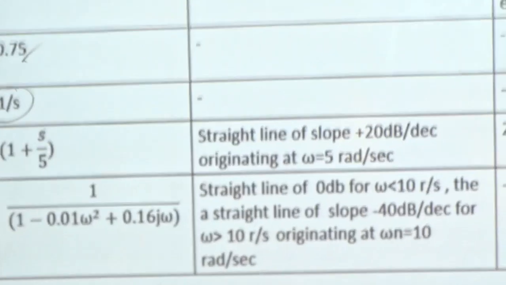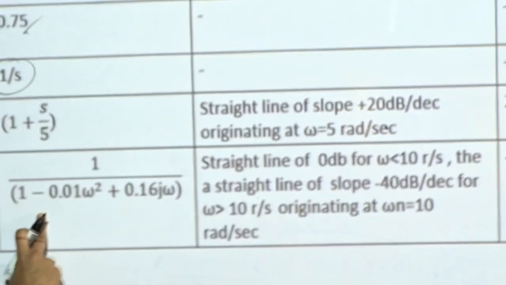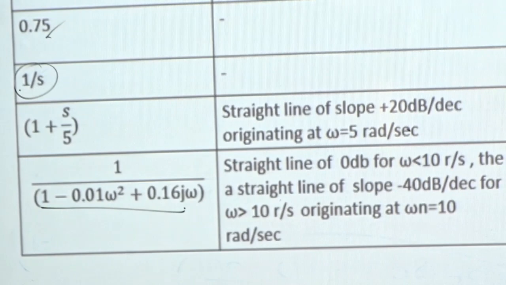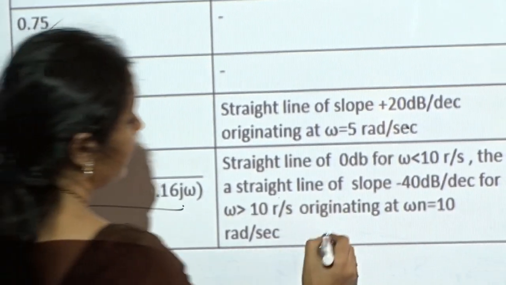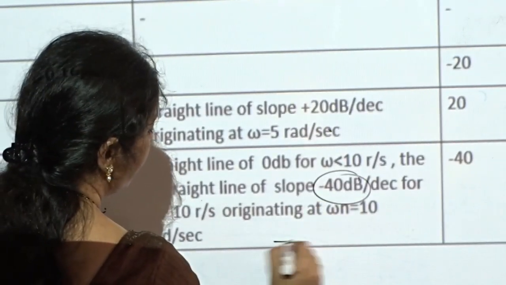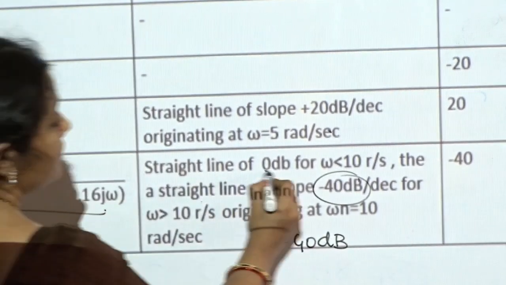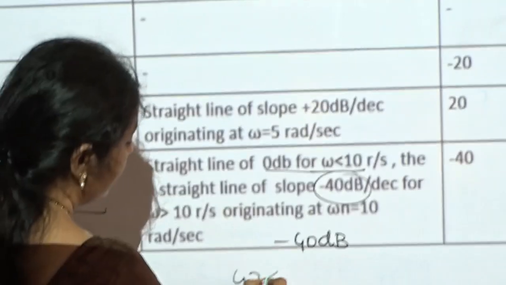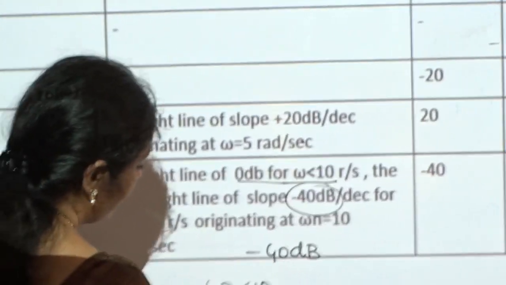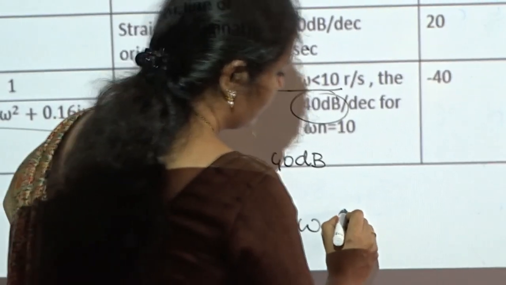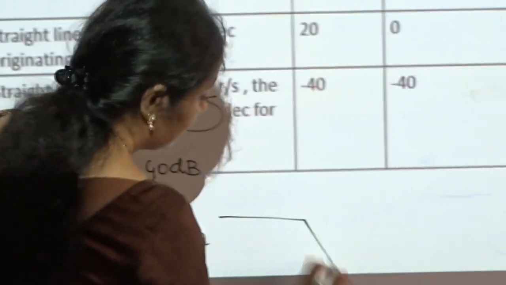Then the second order term is in the denominator, so it represents 2 poles. With 2 poles, the slope becomes minus 40 dB. It is a straight line of 0 dB for omega less than 10. At omega equal to 10, which is nothing but your omega n, the slope changes, and suddenly the slope comes down to minus 40 dB.